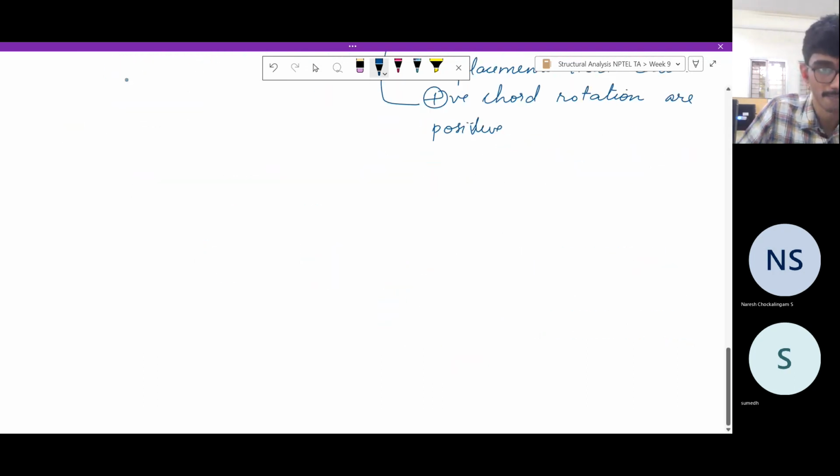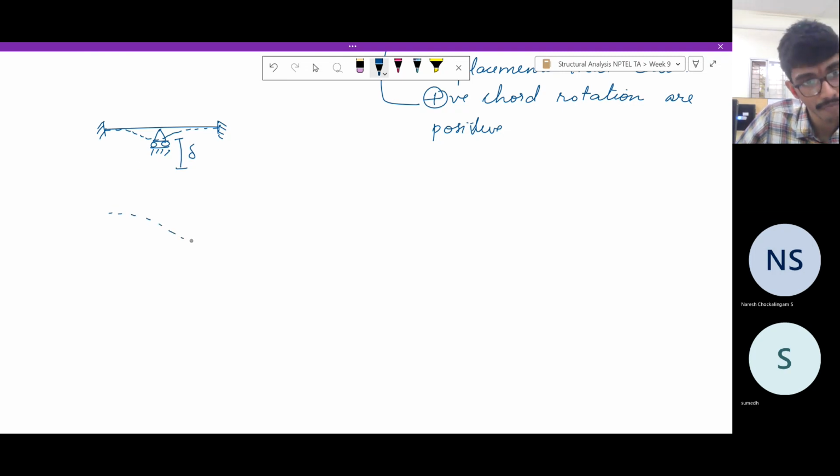So suppose I have a multi-span beam and say this support is settling by some delta, then how does this beam deform? It deforms something like this. So in the deformed beam, let me draw an exaggerated view. This is where the support is, and this is where the fixed support is.